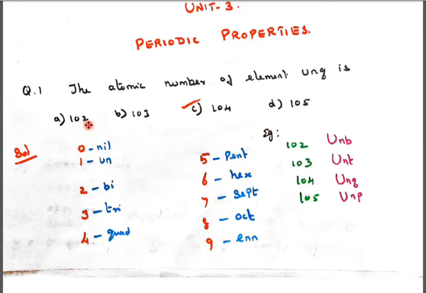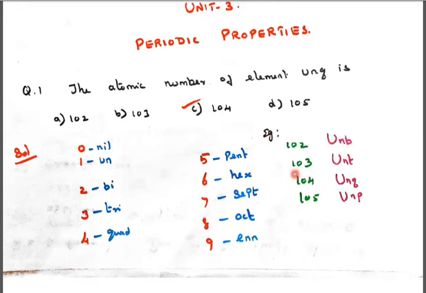When you say the name, it should end with ium. So un, nil, bium; un, nil, trium; un, nil, quadium; un, nil, pentium. So this is 102, with capital U, then small n for nil, and 2 is b.